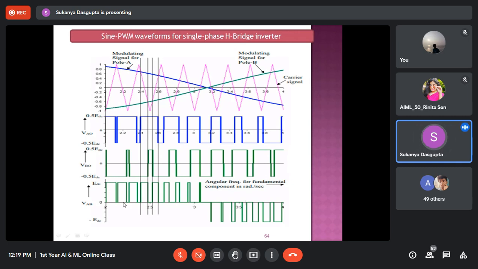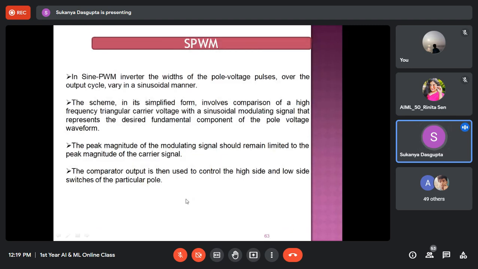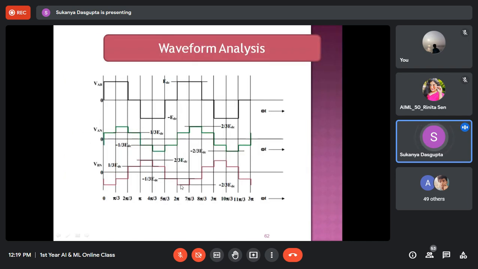Lower switching frequency harmonics can be eliminated by connecting a small sized filter across the inverter circuit. But all the higher frequency components can be eliminated by using this type of PWM strategy. That's why this is the most suitable technique in any power electronics inverter circuit.